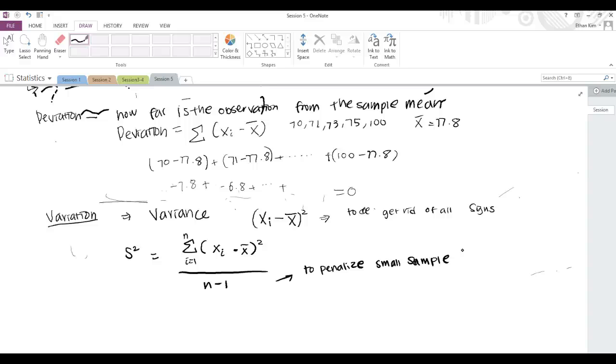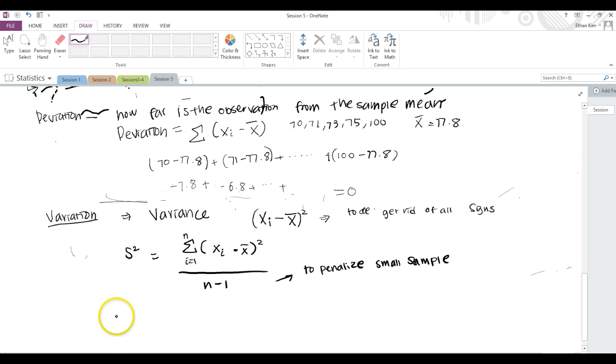So they don't really represent the population correctly. That's why we want to penalize when we're having a small sample. We want it to show in the variance. So when we have a small sample, say something like 5, this is going to be a huge impact. Do you know what I mean?